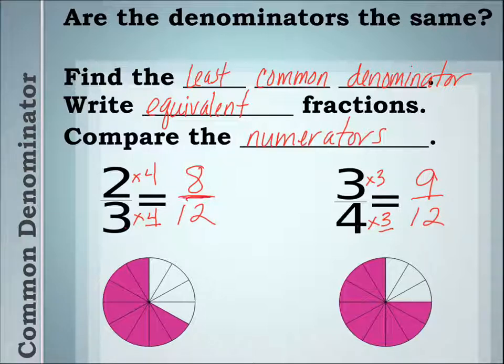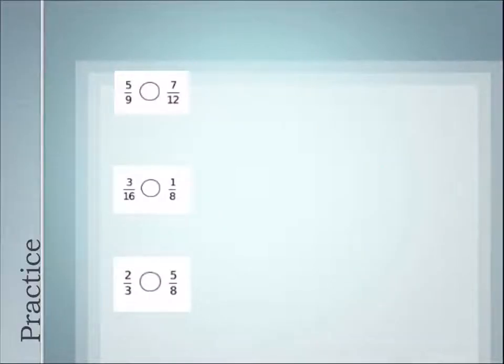I have an 8 and I have a 9. Well, 9 is greater than 8, so that means that 8/12 is less than 9/12. So 2/3 is less than 3/4. And if we look at our model here, we can see that there's less shaded on the 2/3 fraction than on the 3/4 fraction. So let's do a little bit of practice here.